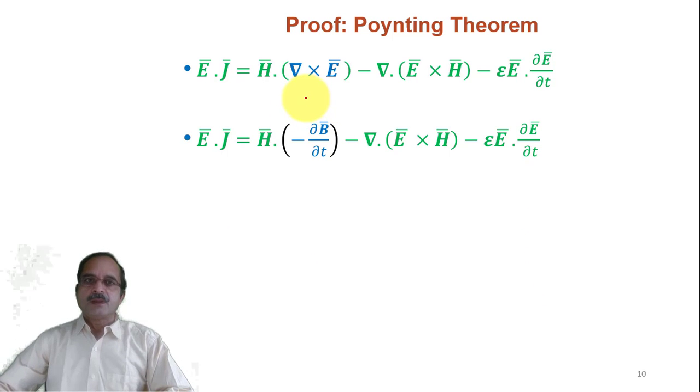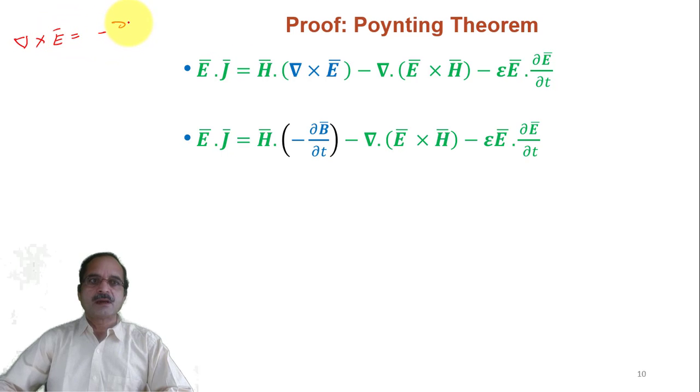Now using one of the Maxwell equations which we have written earlier, curl of E is equal to minus dB by dt. By making use of this Maxwell equation, we substitute this del cross E as minus dB by dt here.